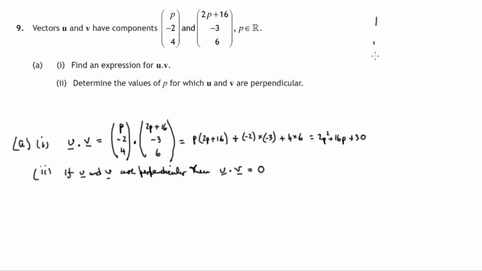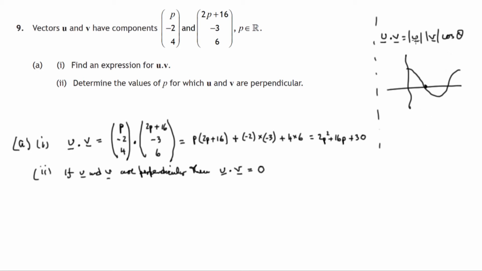Now remember, one of the definitions of the dot product is the length of u times the length of v times the cosine of the angle between them. And if the angle between them is 90, the cosine of 90 is 0. Remember, the graph of the cosine function at 90 degrees is 0.